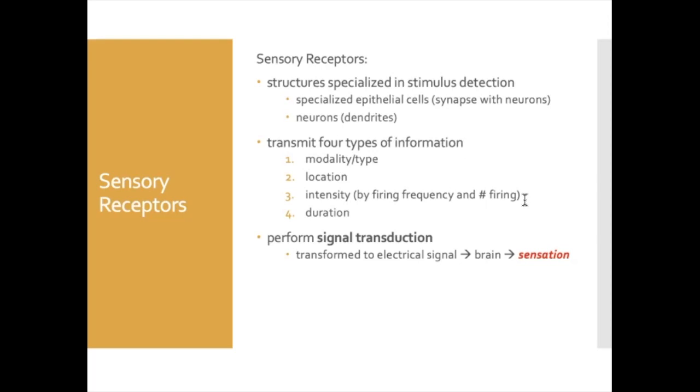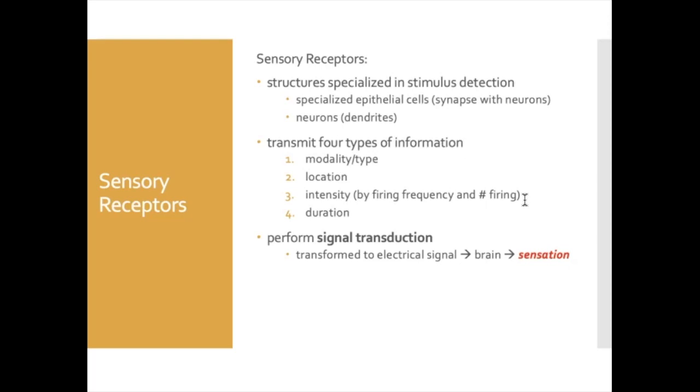If it's receiving a small amount of pressure, it has to transmit that small amount of information along the afferent sensory nerves. It does that by reducing how often it fires off an action potential. So the absolute number of action potentials generated along the afferent sensory nerve is going to be relatively low.